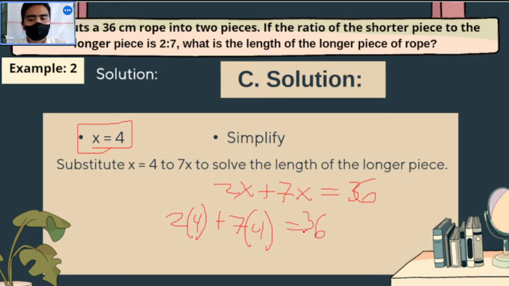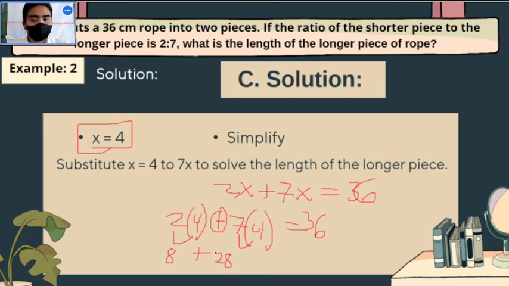Alright, so here we go. In PEMDAS, which we discussed last time, 2 multiplied by 4, the answer is 8. Then copy the operation. 7 multiplied by 4, the answer is 28.